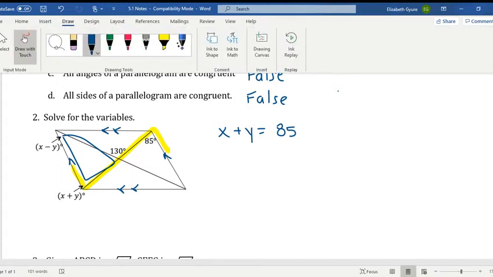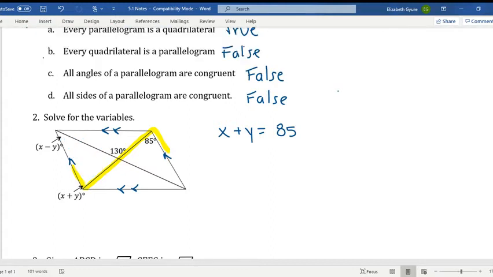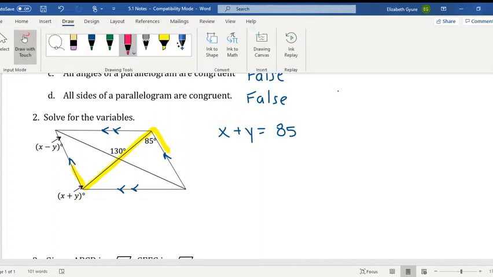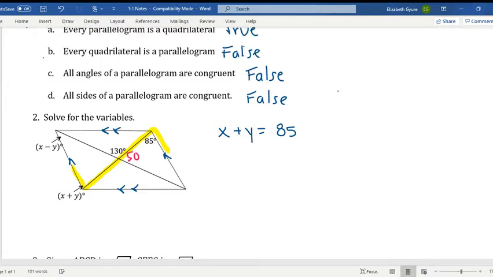Another option, and again, lots of options, what I'm going to do to try to keep this somewhat simple: if that angle in the center there is 130, then that means this angle here is 50. And then I have a triangle here with angles of 85 and 50, so I can add those up and subtract from 180.